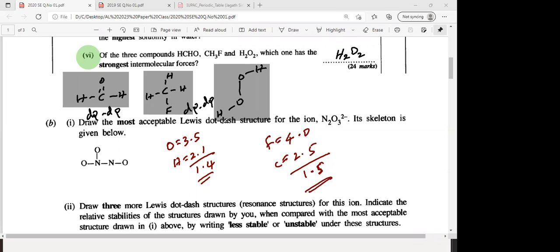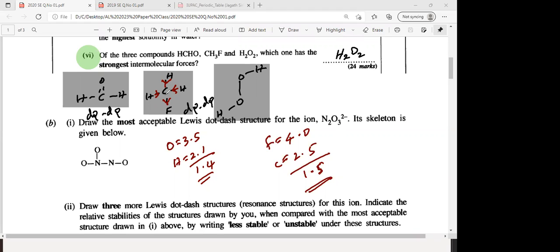True, but there are two OH groups here, and the other groups you can see here, the CH group, therefore electrons are attracted towards the carbon here. Fluorine is withdrawn away. Therefore, the net effect from the other atoms also matters here.